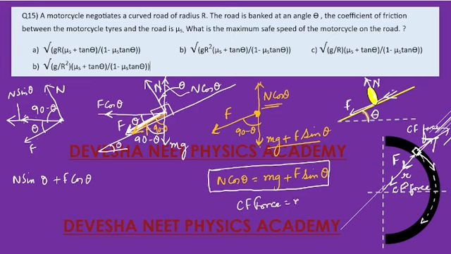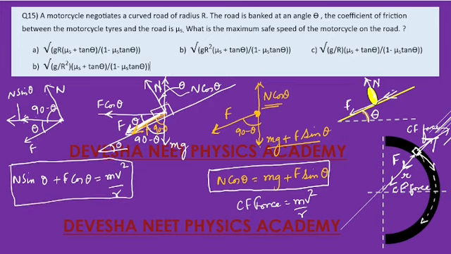So n sin theta plus f cos theta acts inwards towards the radius, and this is equal to mv square by r. So this is the second equation. Now we just need to solve these two equations.